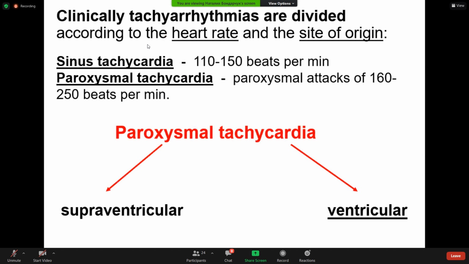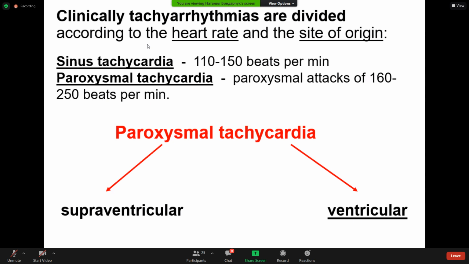So let's start from tachyarrhythmias. Clinically, tachyarrhythmias are divided according to the heart rate and the site of origin. Sinus tachycardia is characterized by 110 to 150 beats per minute, and also paroxysmal tachycardia, paroxysmal attacks of heartbeats of 160 up to 250 beats per minute.